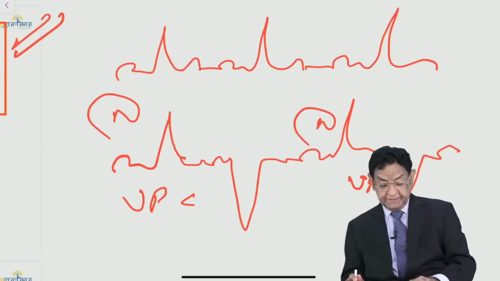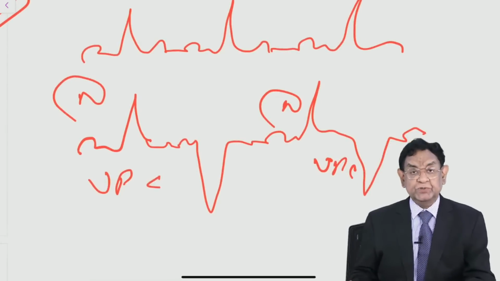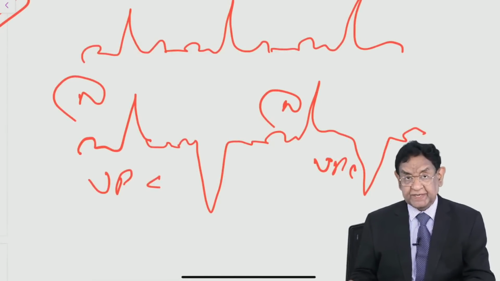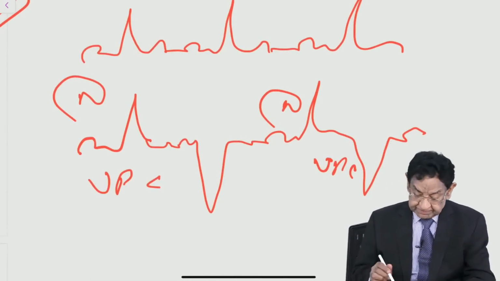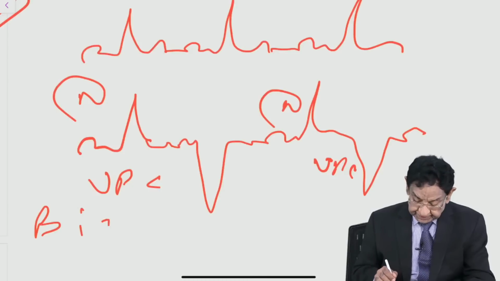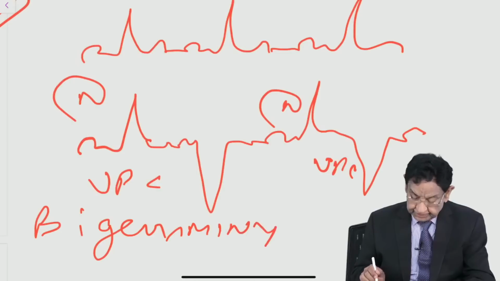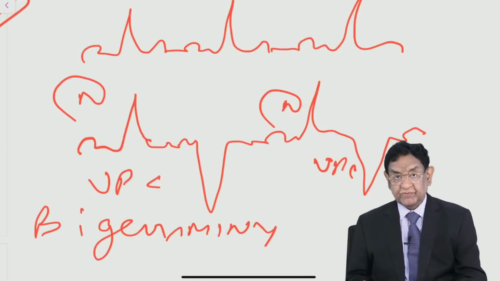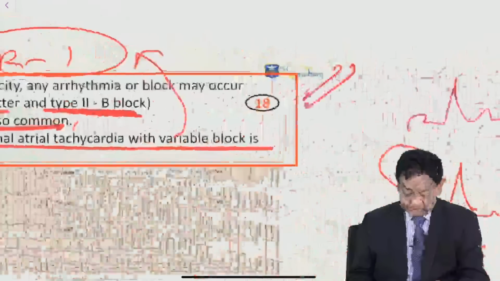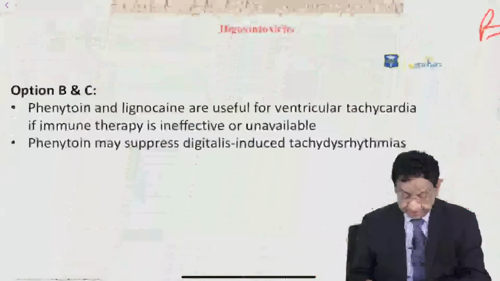One normal beat and the other is a ventricular premature contraction, or ventricular premature beat, or ventricular ectopic. This is bigeminy. Bigeminy is a very common side effect of digoxin toxicity.